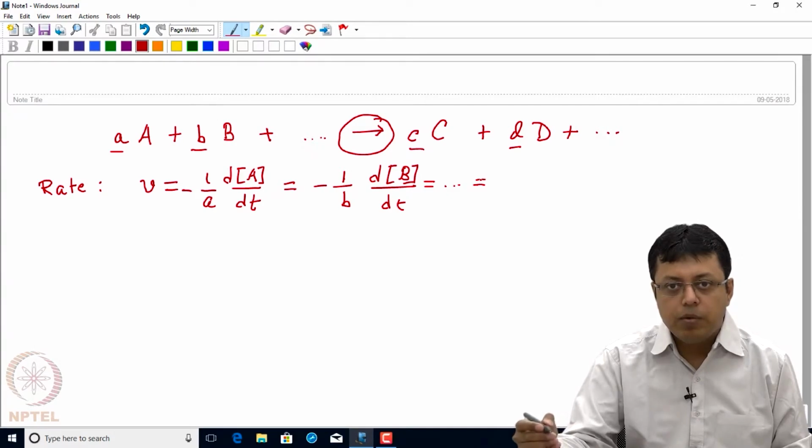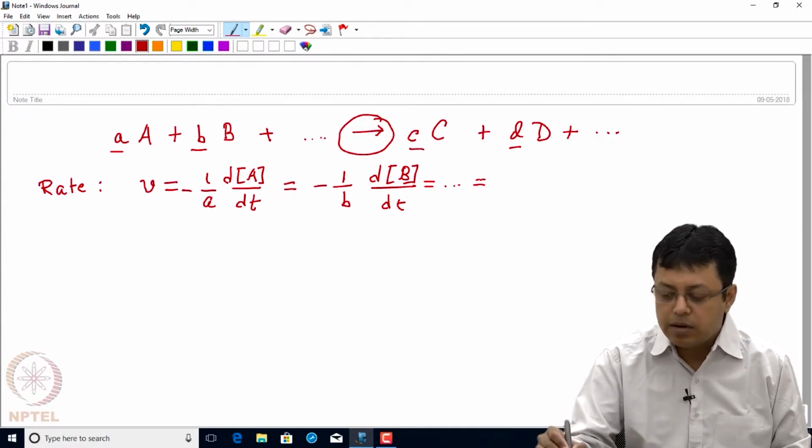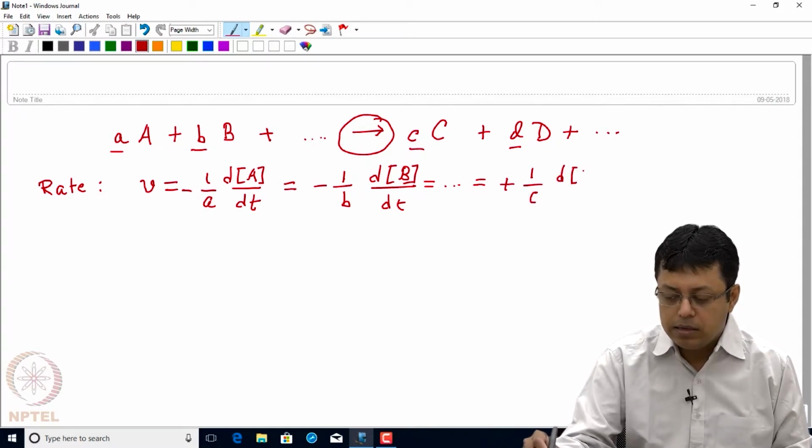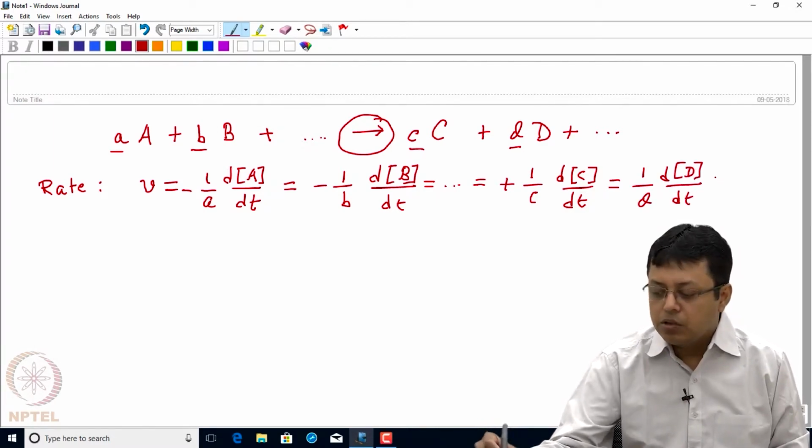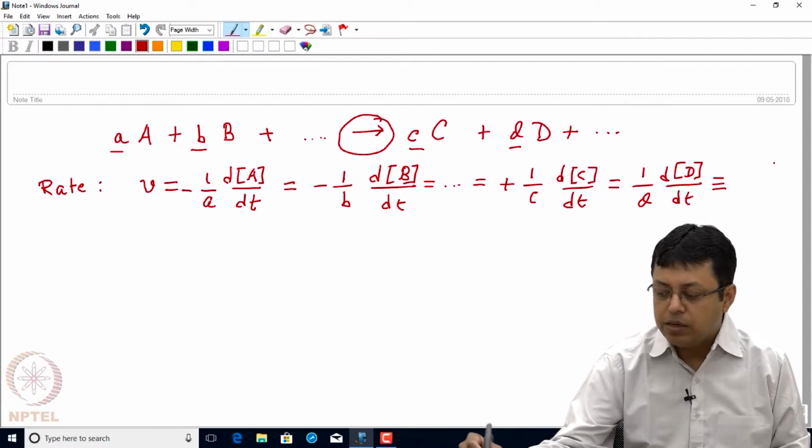Remember that the products are growing in time, so instead of a minus sign we will have a plus sign here, and I will have 1 over c, d[C]/dt, which is equivalent to writing 1 over d, d[D]/dt. So all these terms are equivalent to the unit advancement of the reaction.